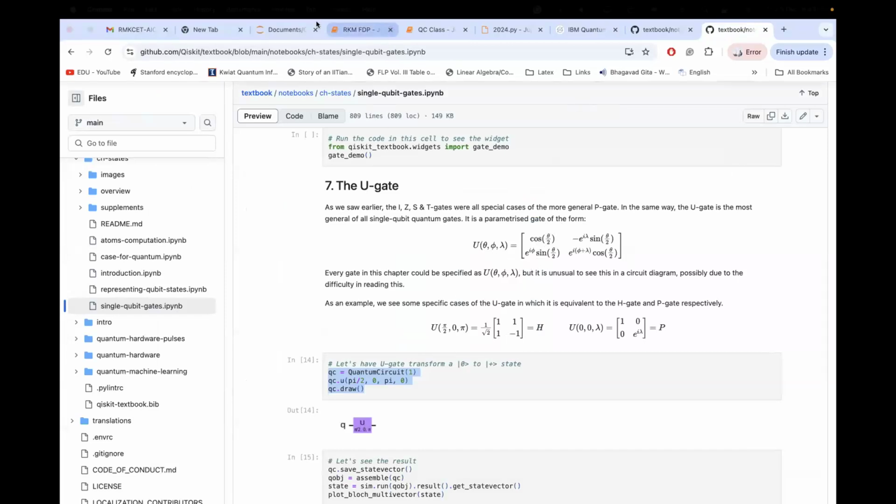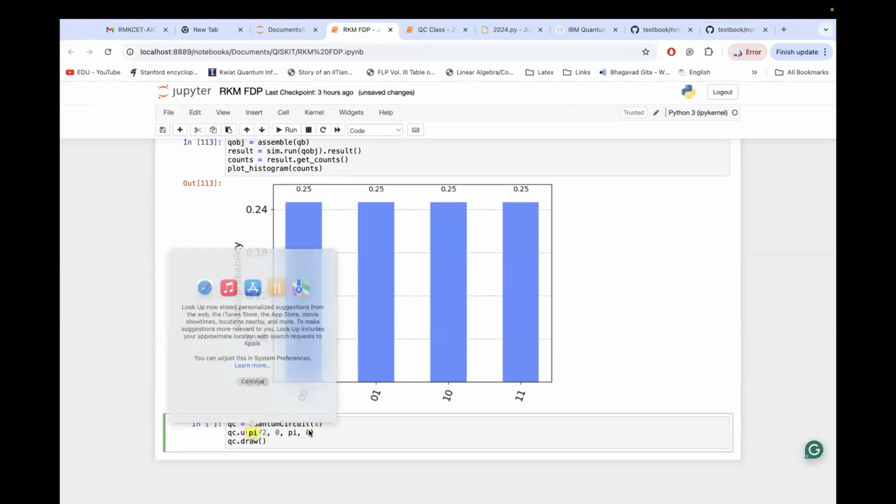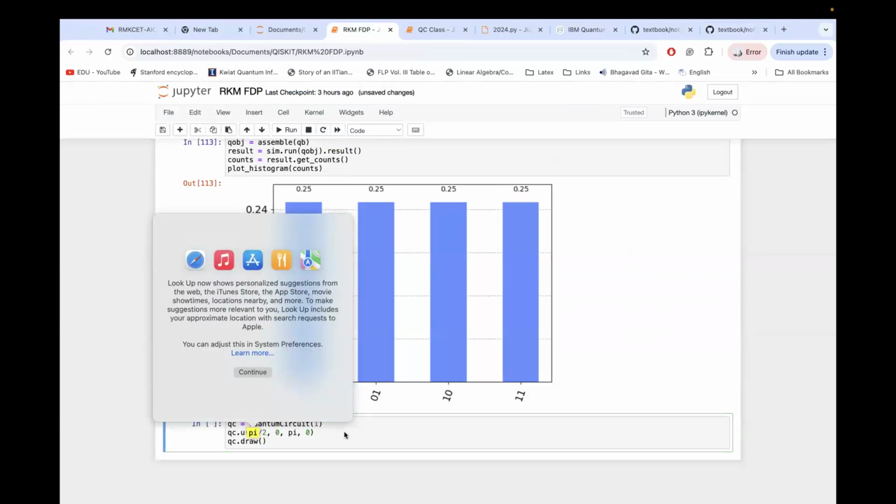Okay, so just look at this circuit. Here u of pi by 2, 0, pi, 0. So what is the meaning? First, pi by 2 is the theta value.